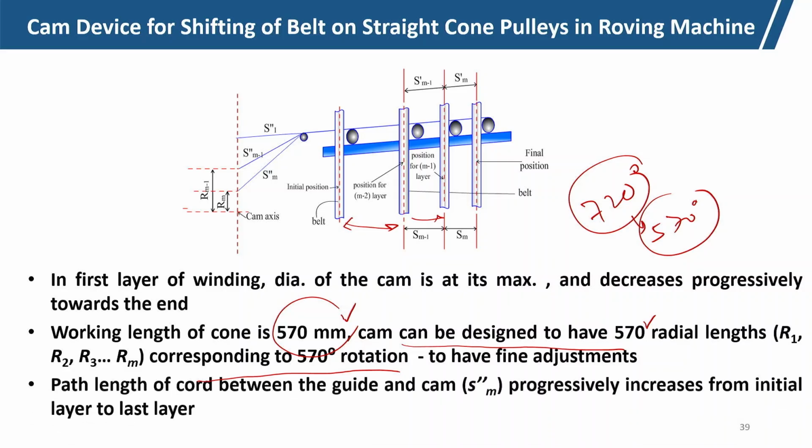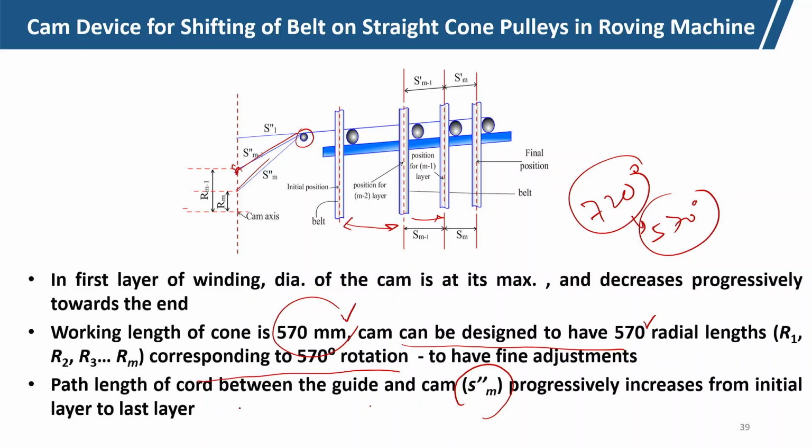The path length of cord between the guide and cam, that is the path length, is S double dash m. So, this is the cam, and this is the guide.